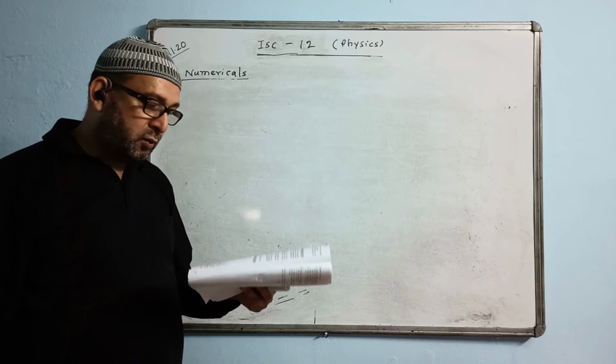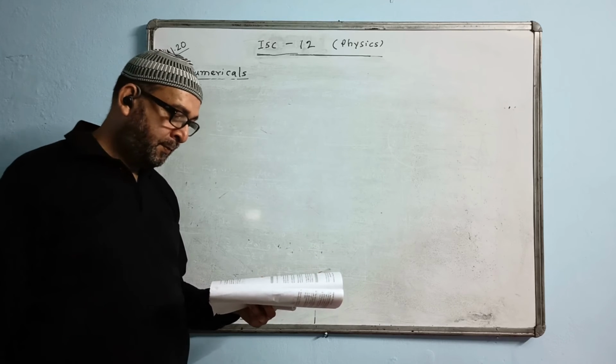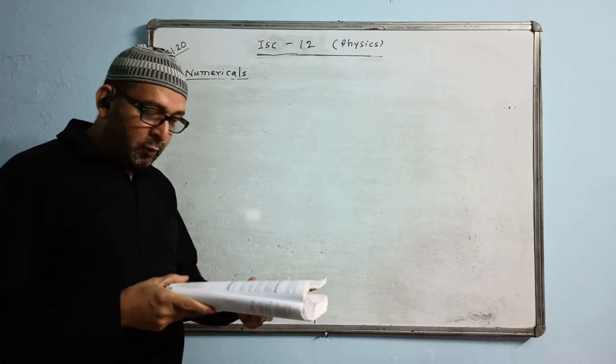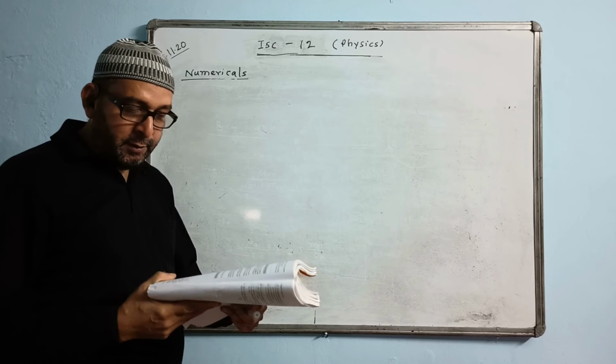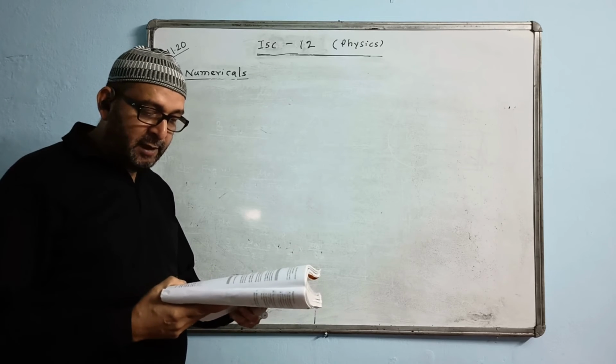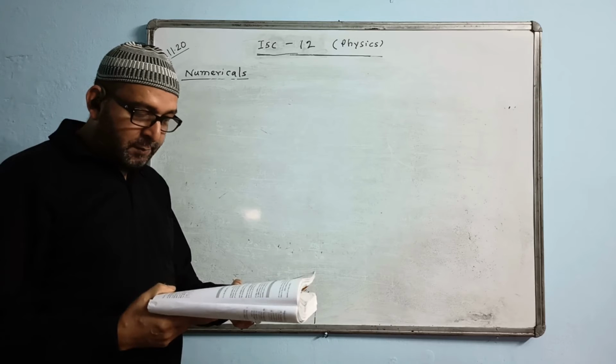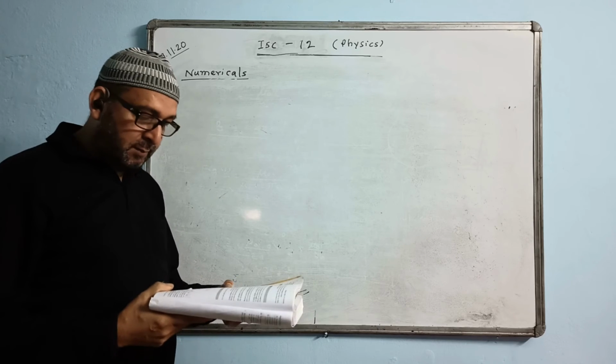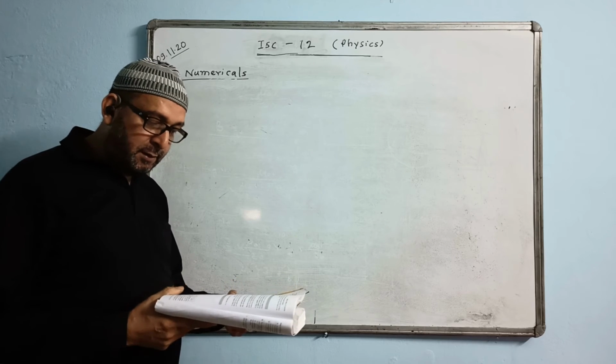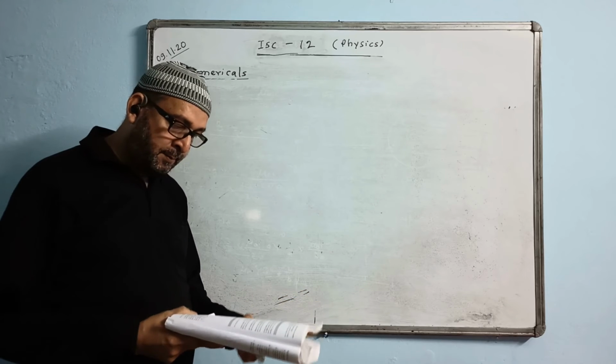What is the magnetic field at a point 1 meter below the wire?